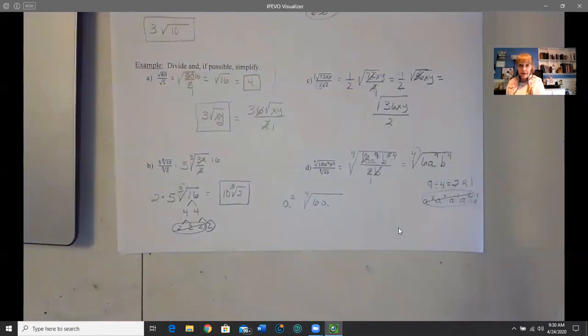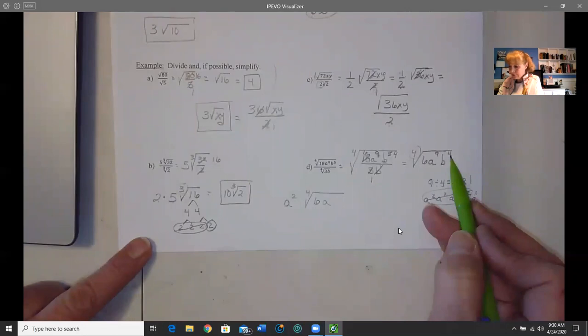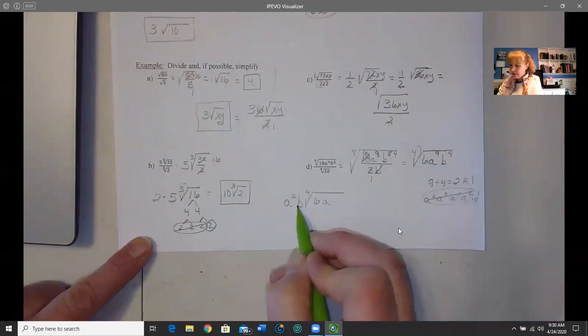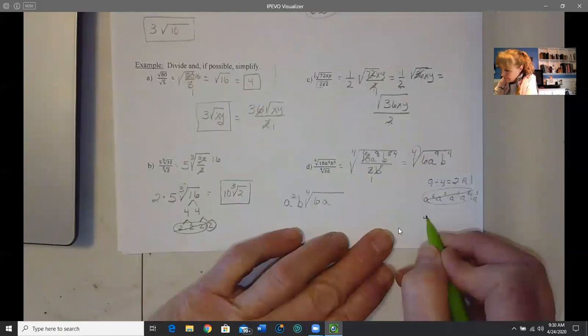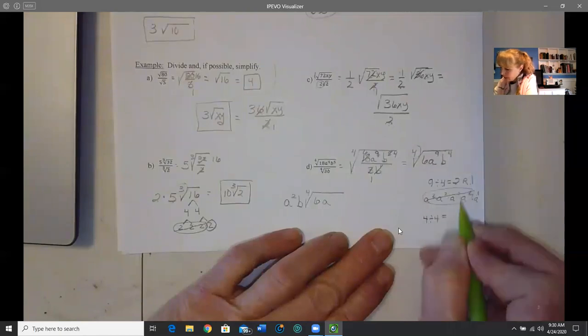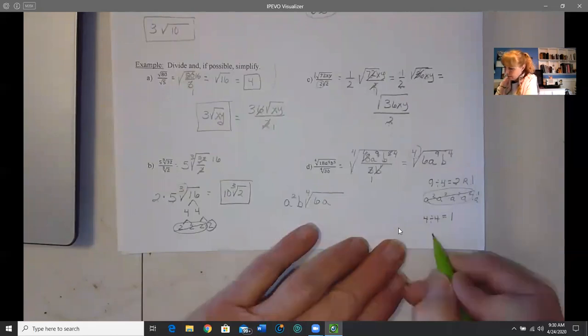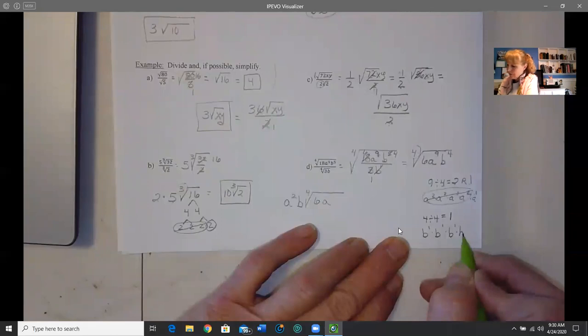Okay, B to the 4th. Well, I have 4 B's, and I need 4, so they're all going to come out with none left over. Again, 4 divided by 4 is 1, and so you've got B to the 1st, and no remainder.